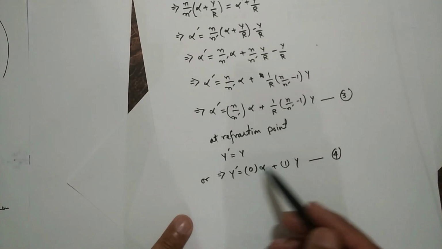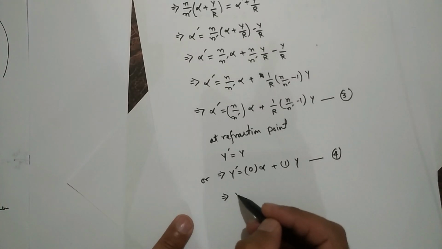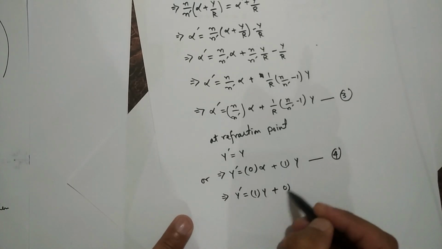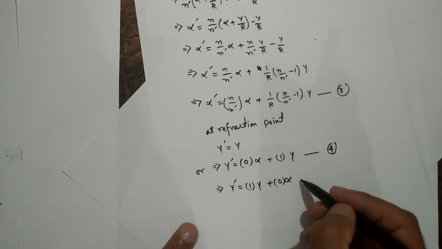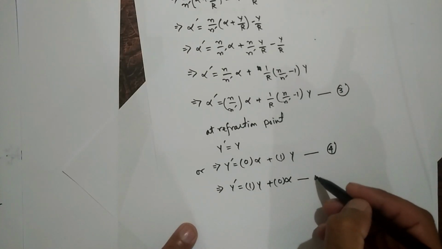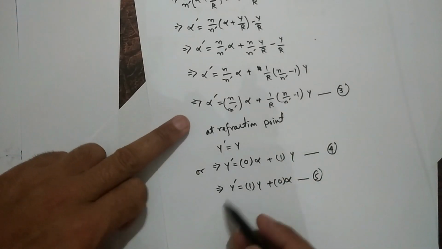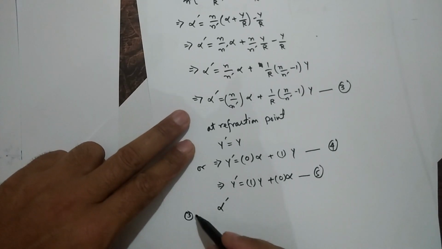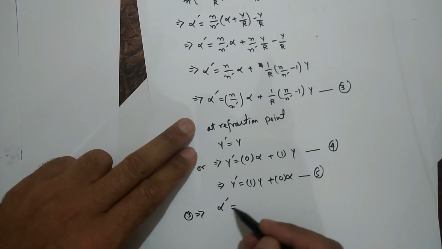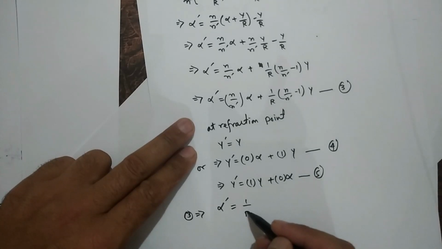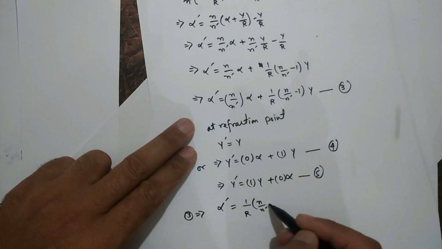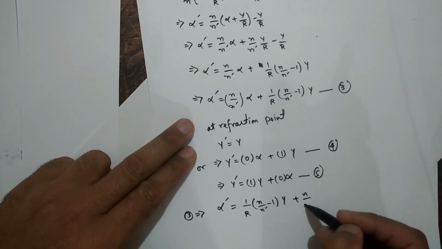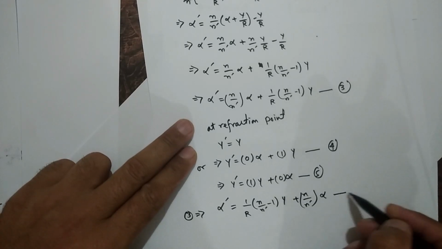Or we can rearrange them as in the book. Y prime is equal to 1 y plus 0 alpha, this one is 5, and from equation 3, alpha prime is equal to 1 upon r into n upon n prime minus 1 times y plus n upon n prime times alpha, this is 6.